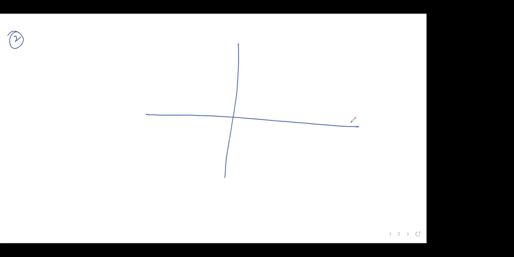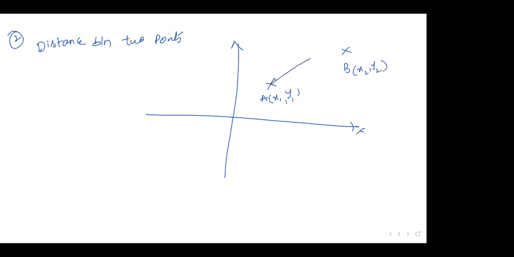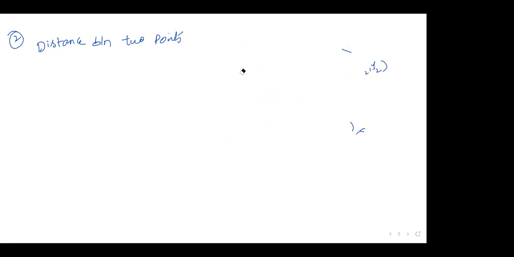Okay, we understood. There is some point here, there is some point here. Then the next thing we'll study is distance between two points. If capital A is equal to (x1, y1) and capital B equal to (x2, y2), the distance between them is, can anyone say?